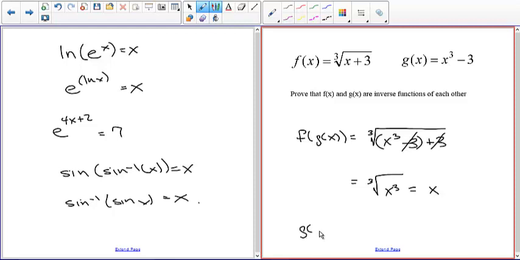And then the other way, g of f of x, take this function, something cubed minus 3, and instead of x we stick in that. So we have the cube root of (x plus 3) cubed.